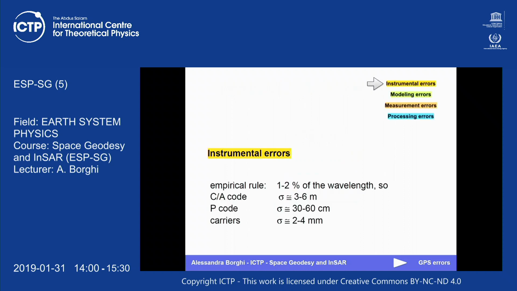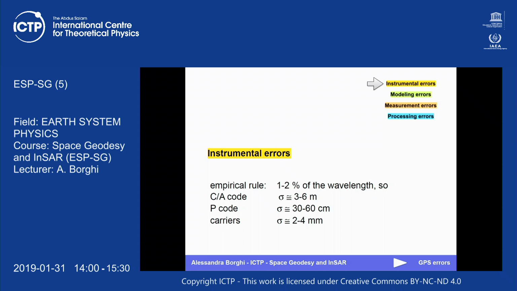Okay, we start from instrumental errors. We have already seen in the previous lesson that there is an empirical rule that gives us an idea of the theoretical errors that we can have with the GPS signal. With the phase measurement we have a higher, millimetric precision, because the empirical rule says that we have an error of 1–2% of the wavelength.